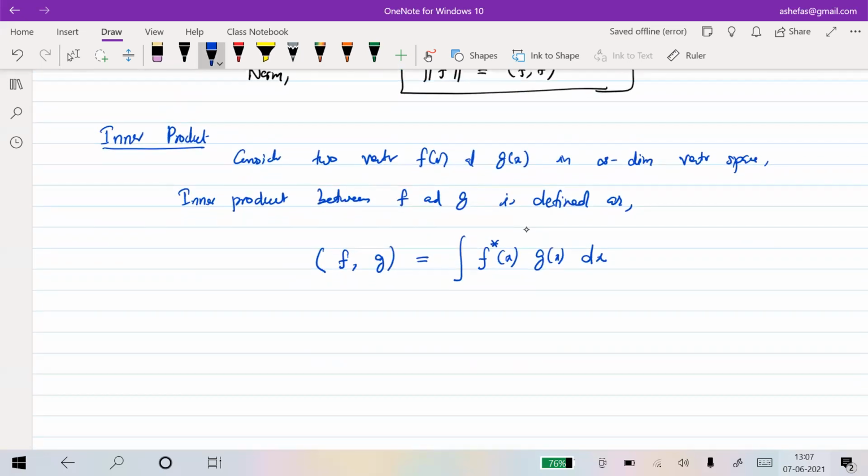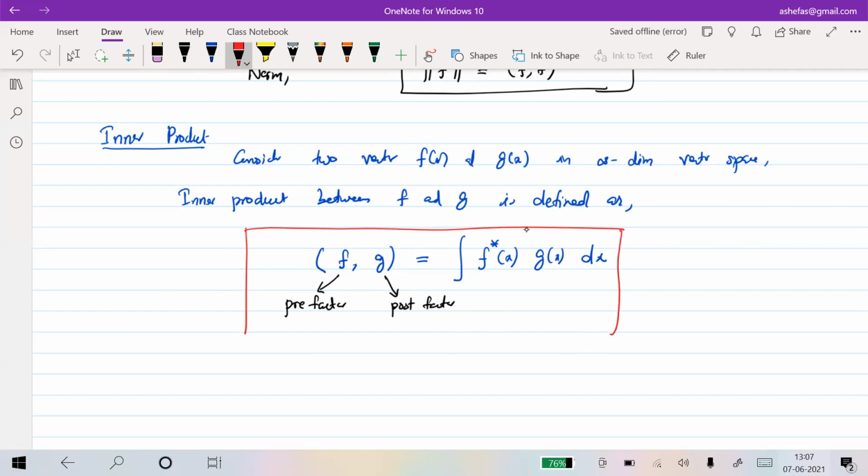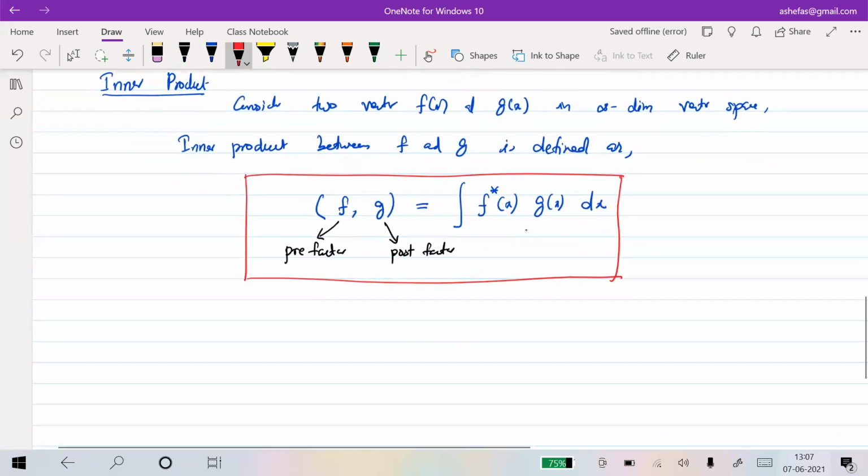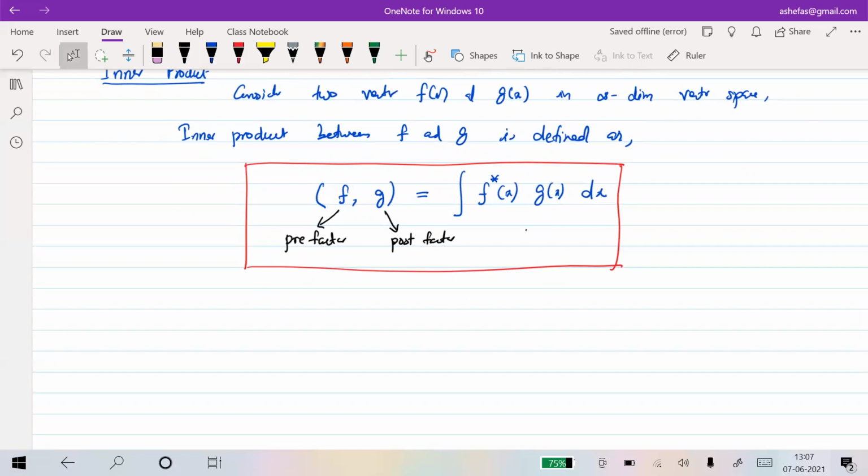So if you are writing f comma g, the first function is called the prefactor and the second is called the post factor. While defining the inner product, we take the complex conjugate of the prefactor and the original post factor. So that is the definition of the inner product between two functions or two vectors of infinite dimension. Now, what are the properties of inner products?